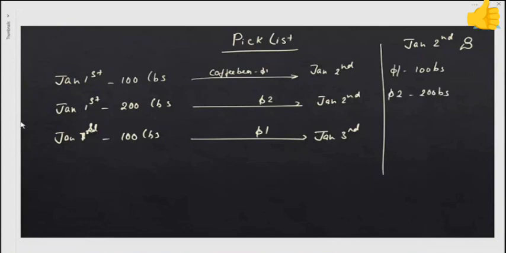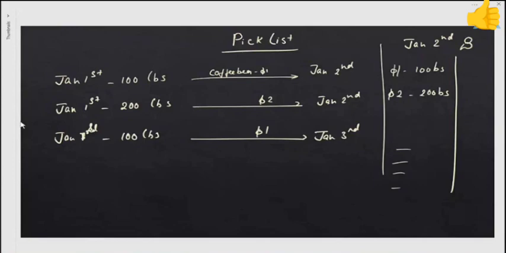Oh, this is not on Jan 2nd, this one will come on the third. So on and so forth. Anything that's due for issue on the second, the materials and quantities, that's called a pick list. So based off of that pick list, he goes, picks all the goods and then puts them in a staging area.